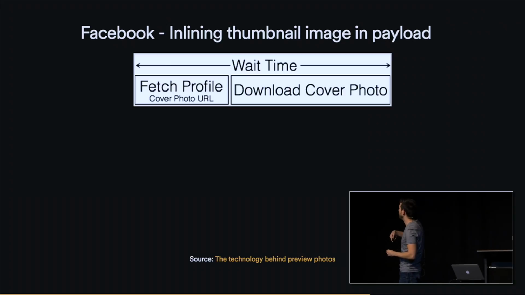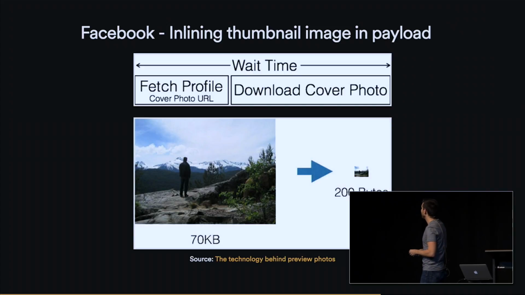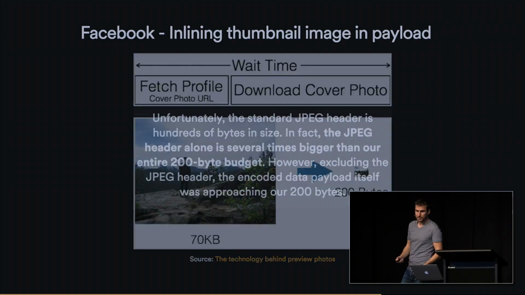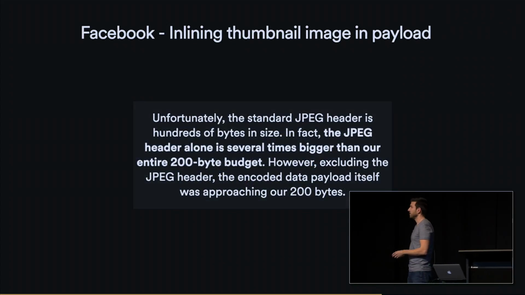So you don't need to make another trip to get the full image to render something. And they decided that a good value for the size of the image would be 200 bytes. But there's a problem with JPEG, and it's that only the headers of a JPEG image are already bigger than that.